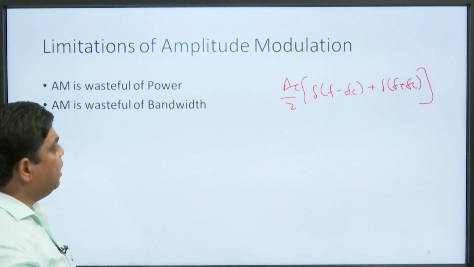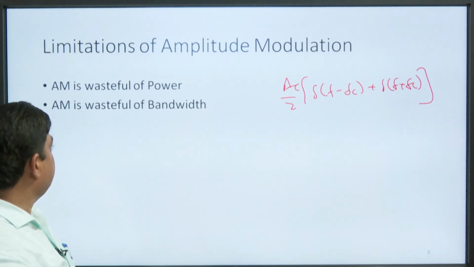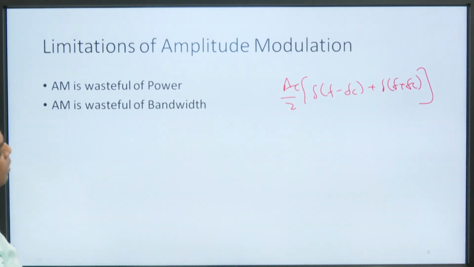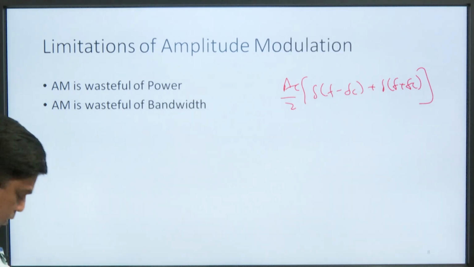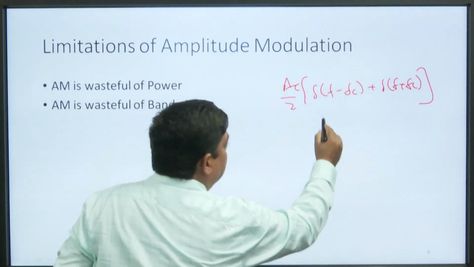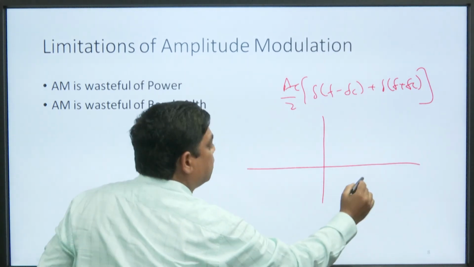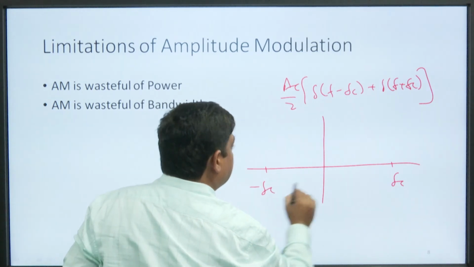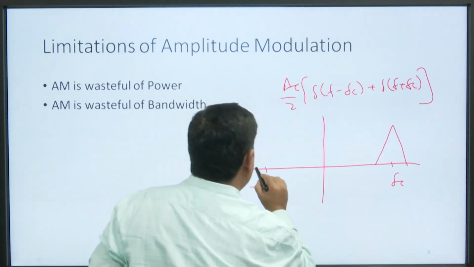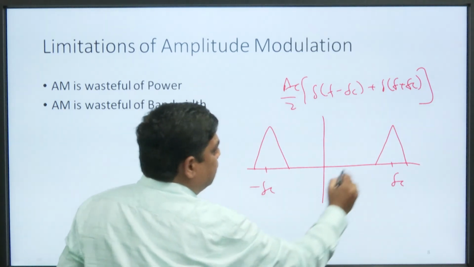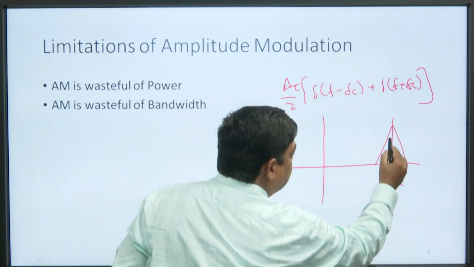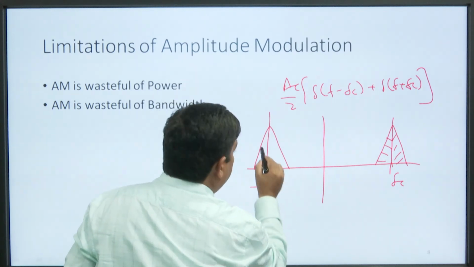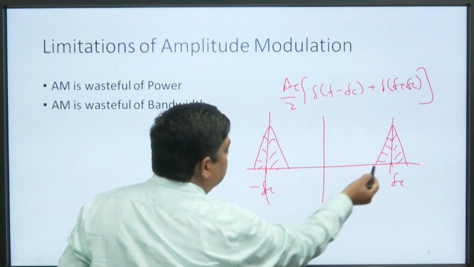Similarly, AM is wasteful of bandwidth also, because in the spectrum of the modulated signal at fc and −fc, we have seen these two are mirror images of each other, and it is the mirror image of the positive frequency range.